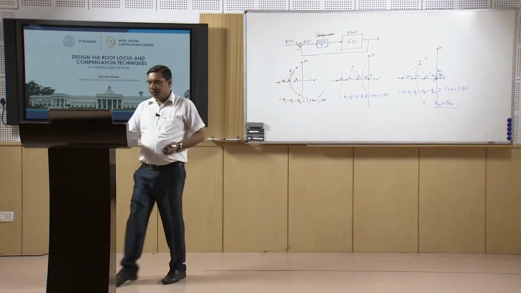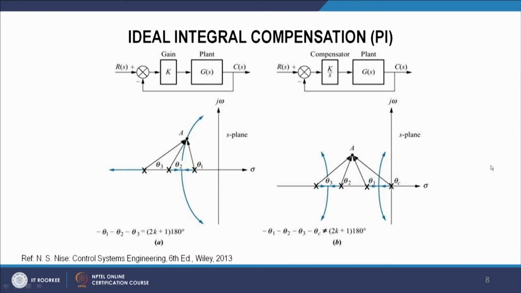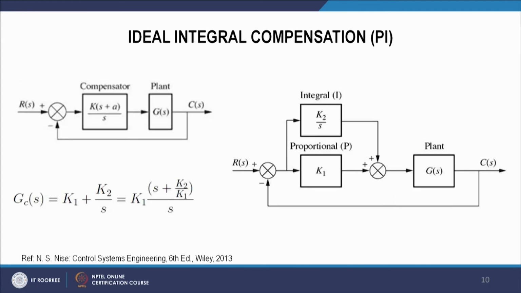And so here we can see what we discussed, the same thing, and these are the other two compensated root loci, and this is the final one. So, we are getting this root locus as the original.